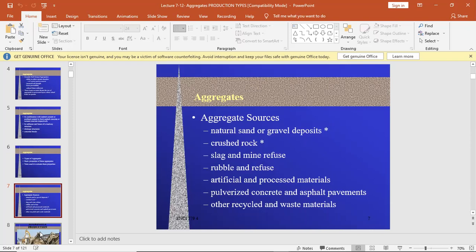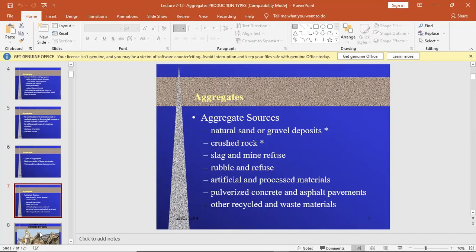Whether the aggregate from the identified source is viable enough to fulfill all the specifications within the project. The second thing, he wants to know whether they are in abundance or not, because highway construction requires a lot of materials.